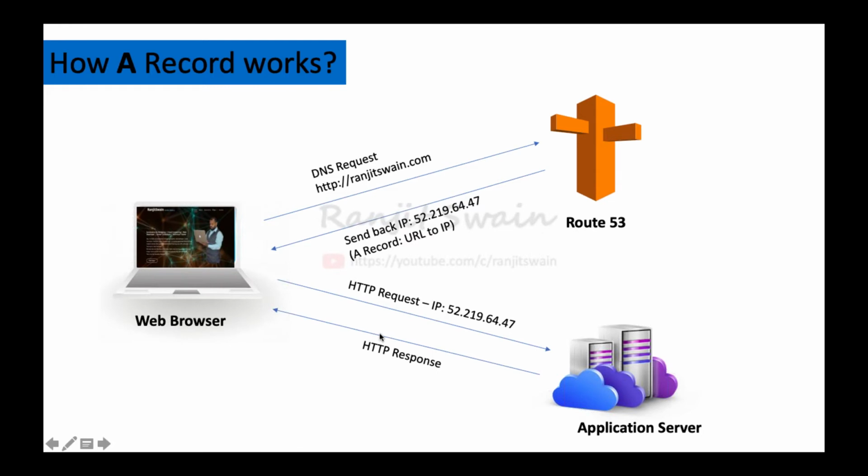So this is how the A records work, and who does all this work? Route 53, in the case of AWS. I'm talking about AWS; for other providers, there might be other services that they use in the backend.